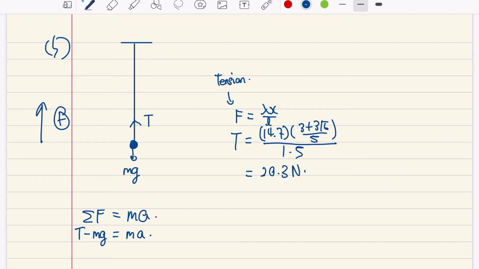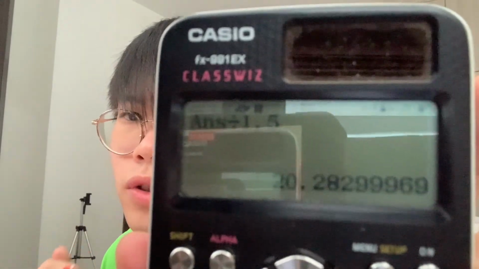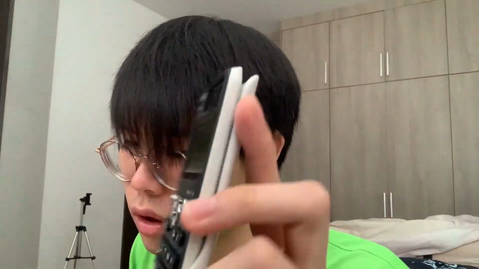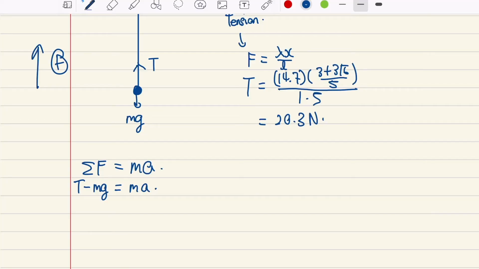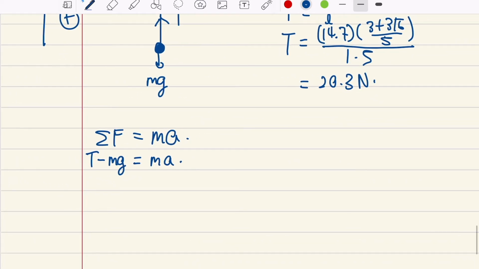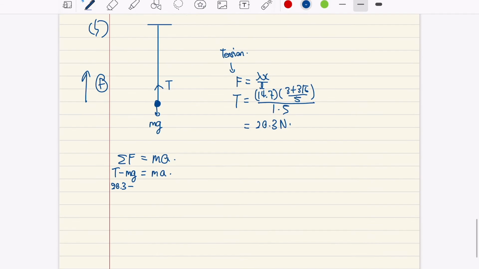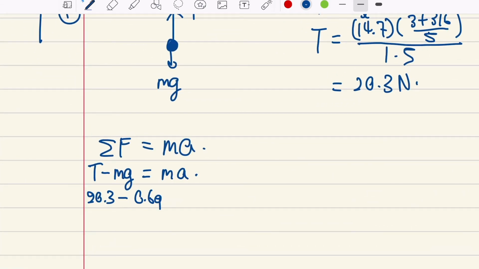20.3 Newton. For this particular answer, it doesn't have fractions, so it has a lot of decimals. It's better to keep all these decimals in the calculator, because it's quite important. So T, we can write it as 20.3, but in the calculator we use the whole value, minus mg, m which is 0.6, g, equals 0.68a.